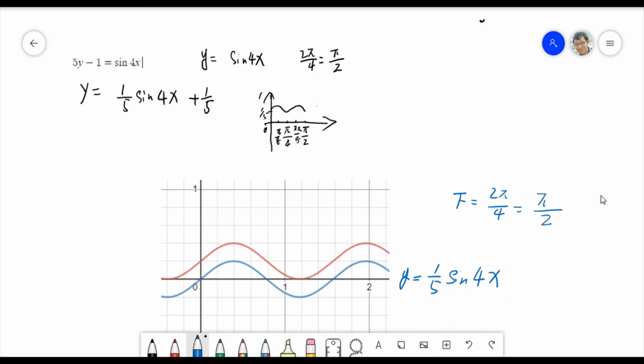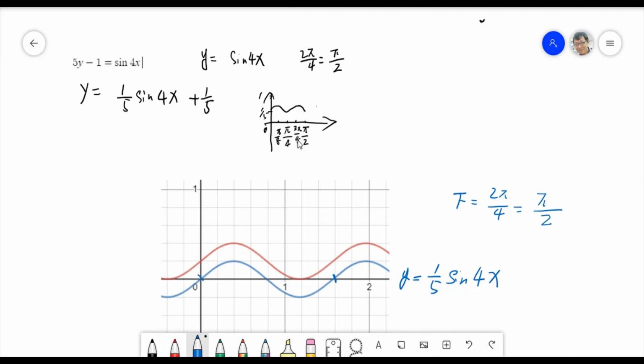Pi over 2 is exactly here. Pi is 3.1, so 1.6 something like that. So the wave starts from here and ends here.